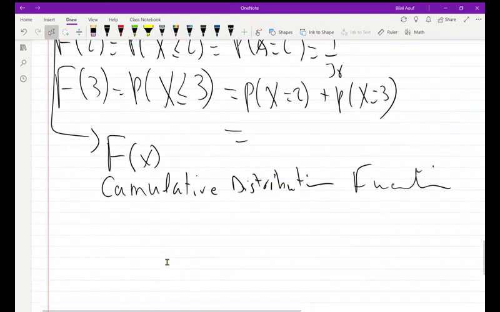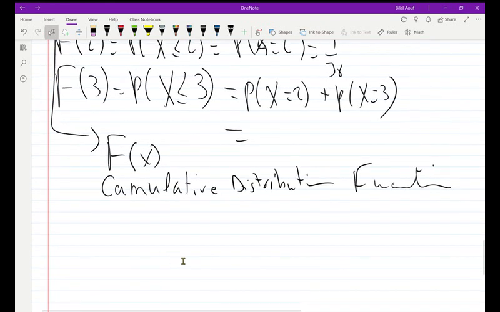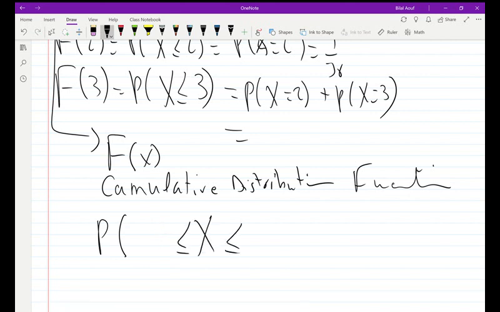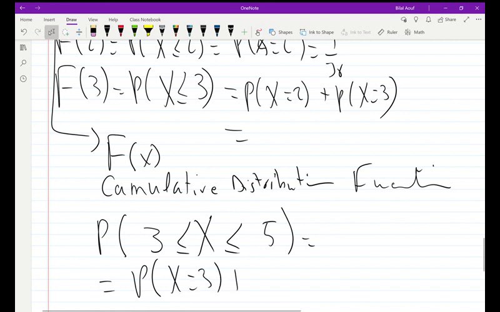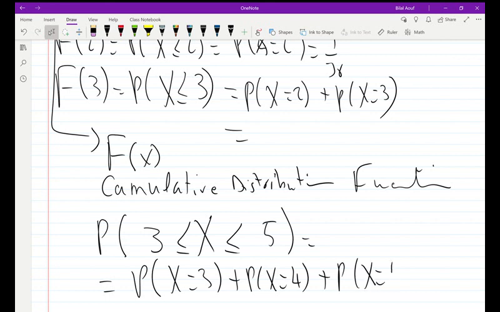Same thing, I can ask you more questions. For example, if I ask you the probability of X between 3 and 5, what are the values of X between 3 and 5? I have 3, 4, 5. It means it's equal to the probability of X equal 3 plus the probability of X equal 4 plus the probability of X equal 5.